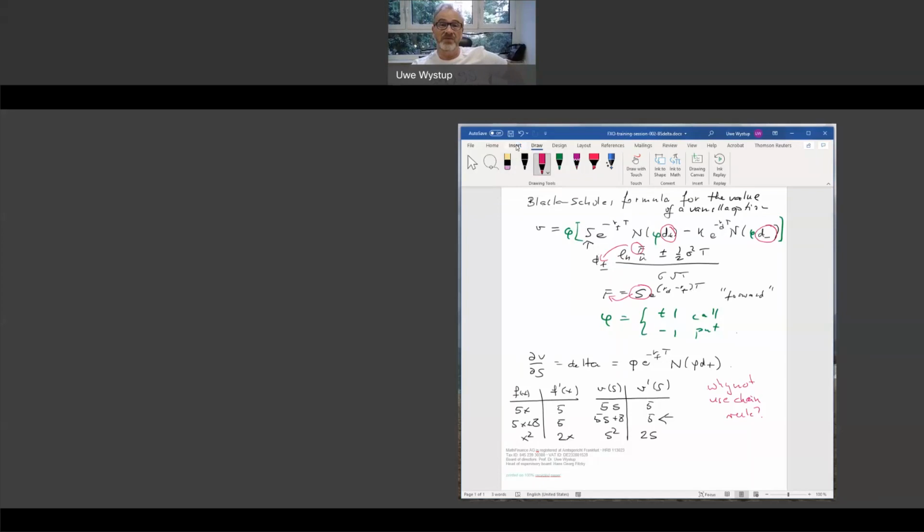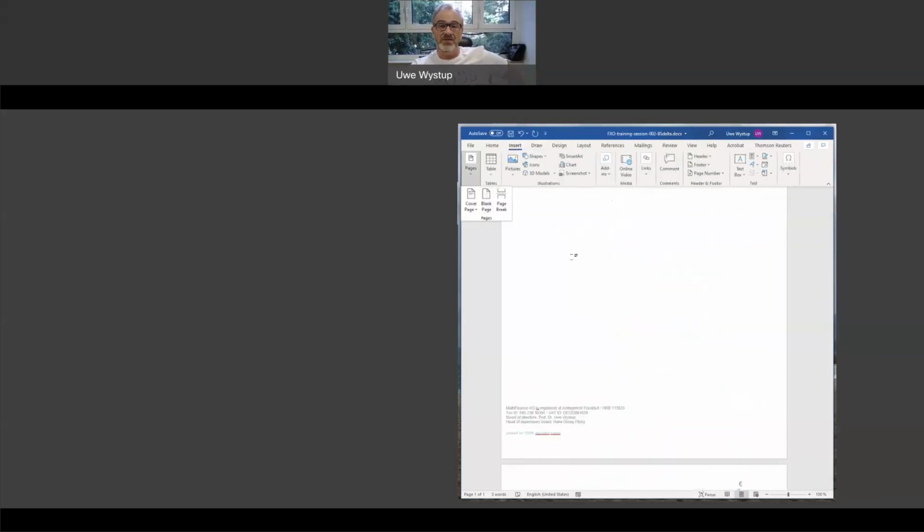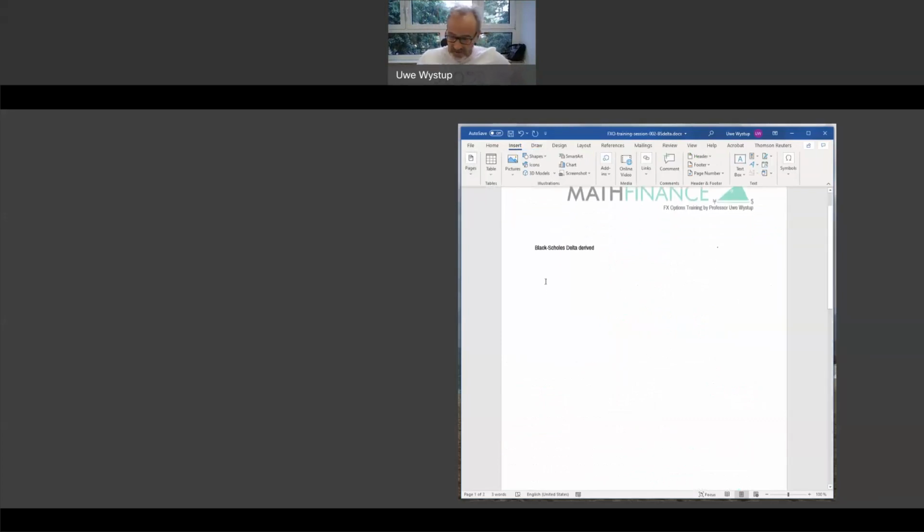Let me insert another page here and show you why it's actually correct. And that's got to do with homogeneity. What you need to imagine is what if we measure all prices of the underlying in another unit?